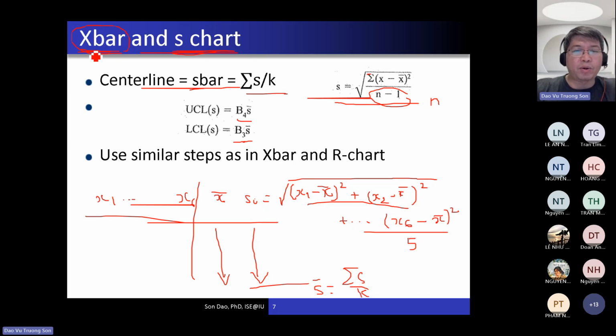So the result will be exactly the same. Remember the X bar and S chart will be more complicated, because for the X bar we need to calculate X bar and R bar, and S as well. So 3 more parameters, which is very time consuming.